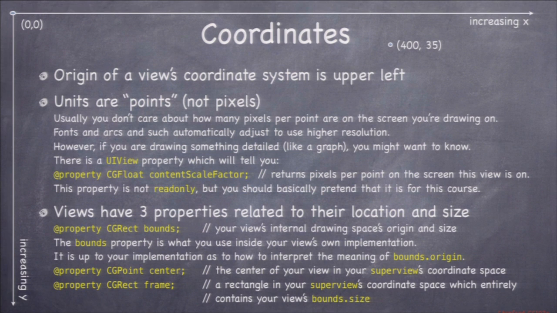CGRect frame at the bottom there, that is a rectangle that completely contains you in your superview's coordinate system. So you can see how that positions you, right? Because that's in your superview's coordinate system. That's where you are. Okay? Center is just the center of where you are in your superview's coordinate system. There's no property to get your center in your own coordinate system. You just take your bounds' width divided by 2 and height divided by 2, and boom, you're in the middle.